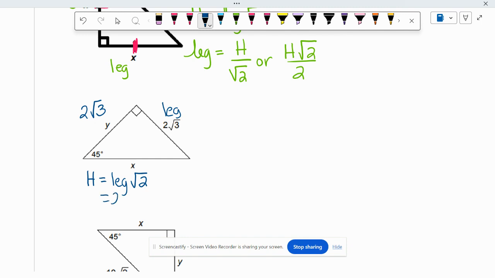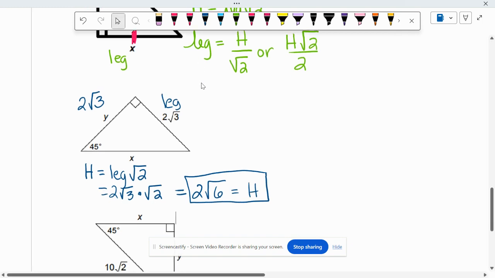So that means I have 2 square root of 3 times the square root of 2. What does that equal? It equals 2 times the square root of 6. That's what my hypotenuse is. God bless you. That is my hypotenuse.